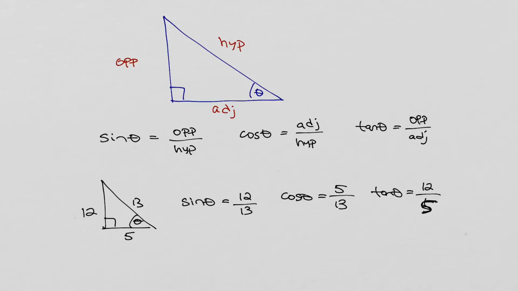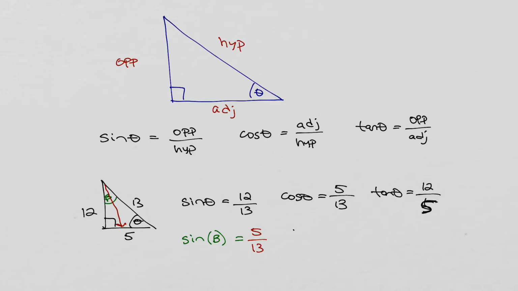And depending on where you put the angle, you could get different values. For instance, let me put a beta right here. If I asked you what is sine of beta, remember what you want to do is start here at beta and go to the opposite side. In this case, that's a 5 over the hypotenuse, which is still 13.